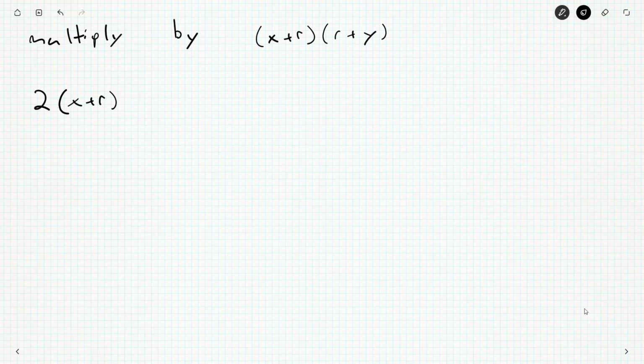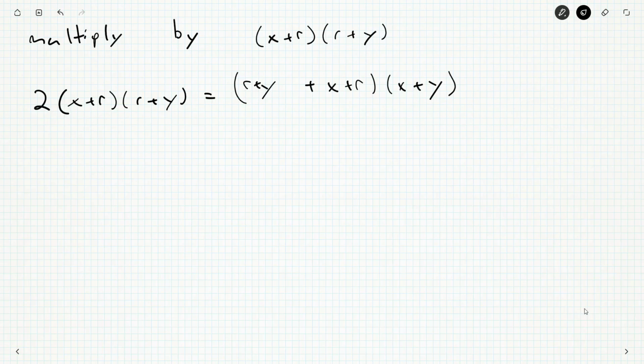And now let's multiply by X plus R, R plus Y. This is going to get 2 times X plus R, R plus Y on the other side. And then we'll have R plus Y, X plus R, and all this is times X plus Y. Okay, let's expand this out.